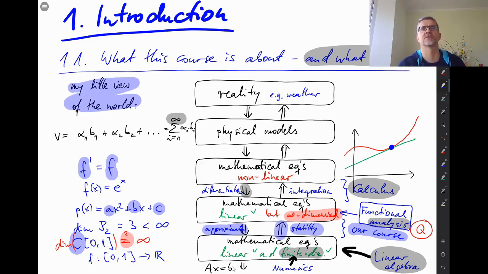Another idea is, for this example of continuous functions, you could just take your continuous function over the interval 0 to 1 and put a finite grid of 10,000 points over your interval, maybe equispaced, and just evaluate your function over these finitely many points, resulting in a finite vector. That's very simple, but maybe not the greatest of ideas. There are other ideas in between, and we will discuss some of them.